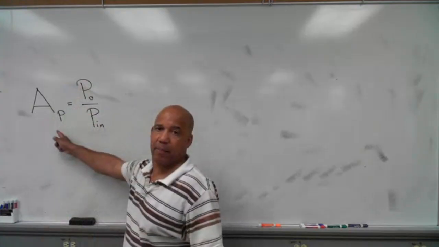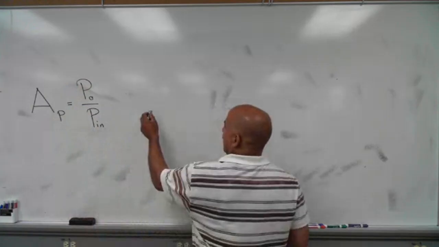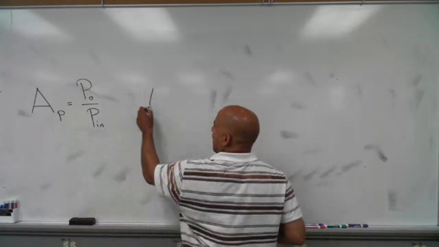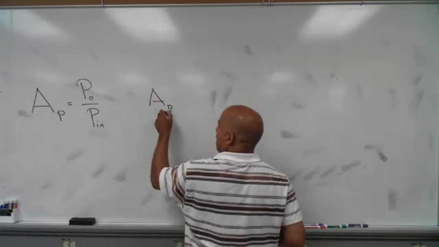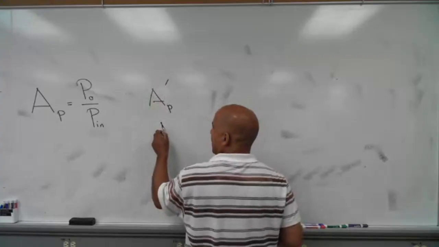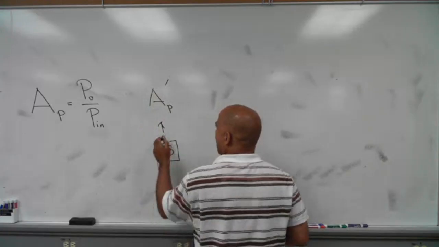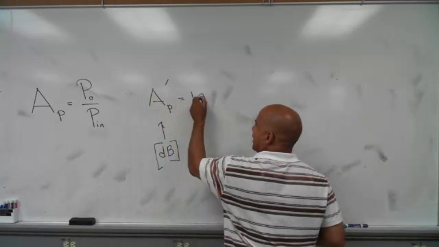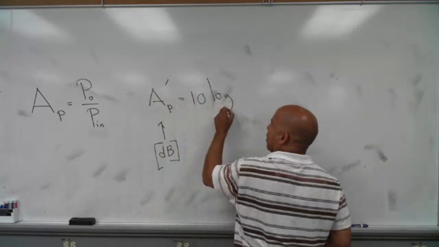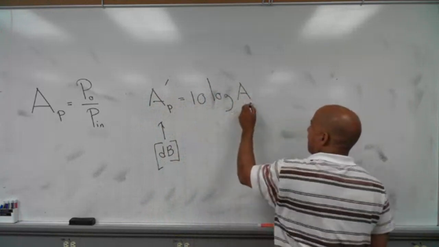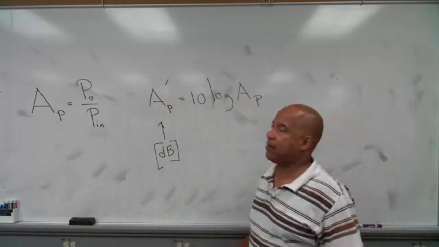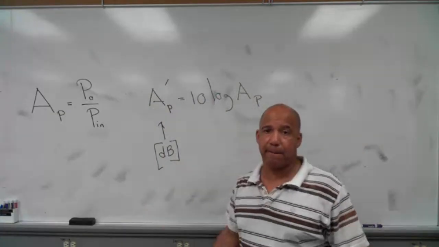So that would be the power gain. But now, if I want to change that to decibel power gain, so that's dB now, the dB unit, what I would do is take 10 times the log of the regular gain. So if you're writing this down, that's the very first thing you want to remember.